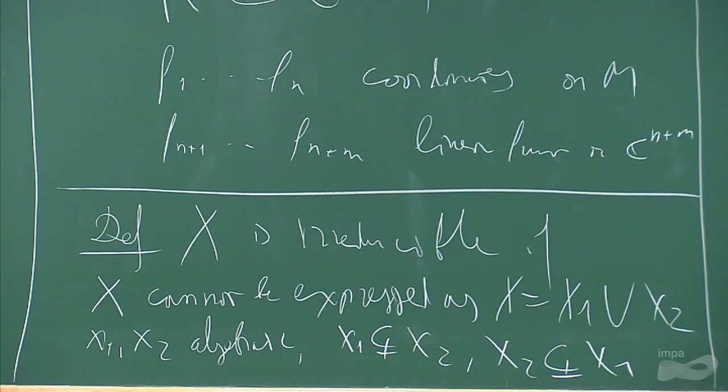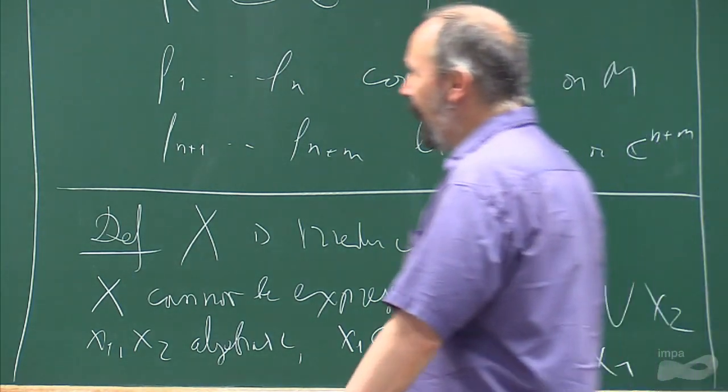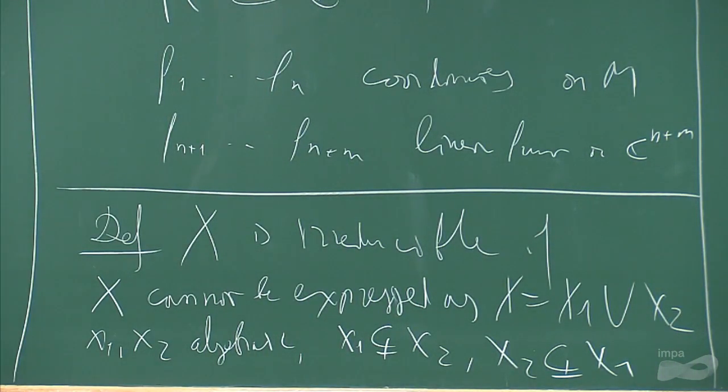Okay, do you know already about irreducible varieties? Who knows? Okay. The obvious claim: suppose that A is affine, and O_A is its regular functions, which are polynomial functions.